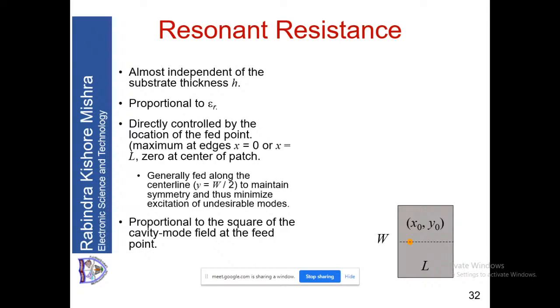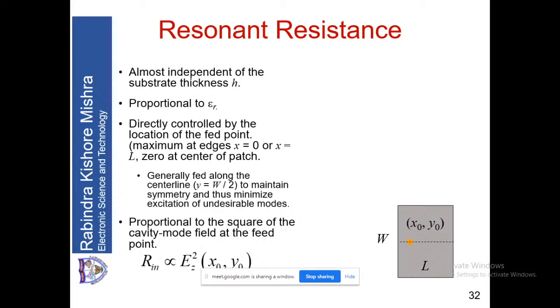This is proportional to the square of the cavity mode field at the feed point. That is, if the field is Ez, then Rin will be proportional to Ez square at the point x0, y0.